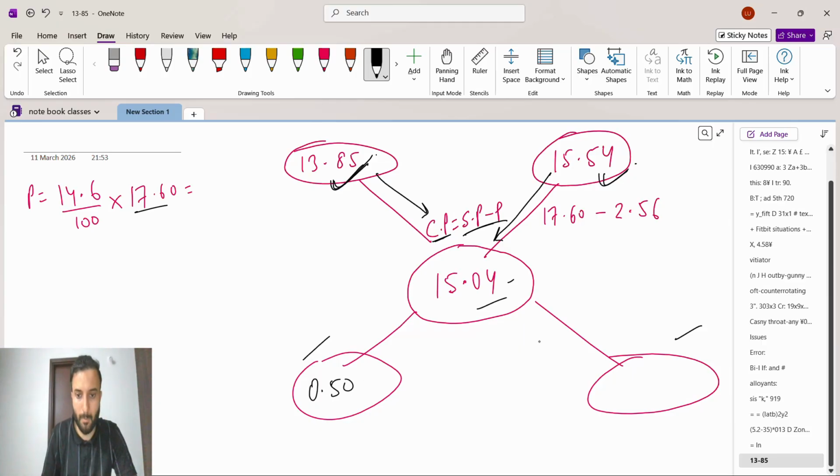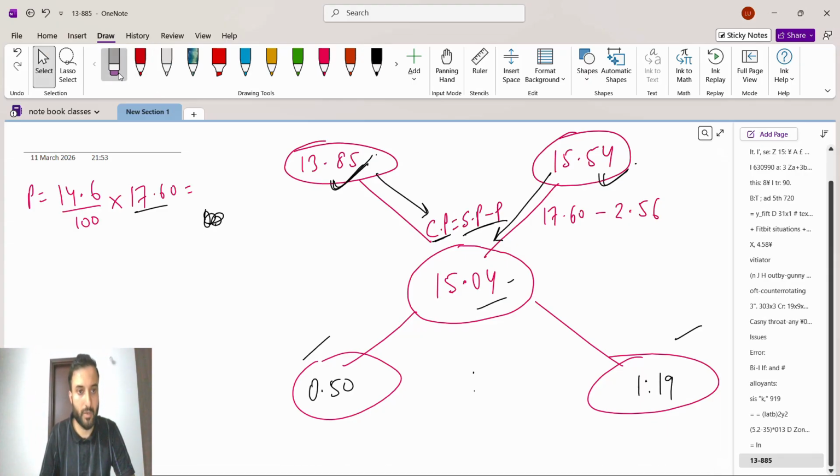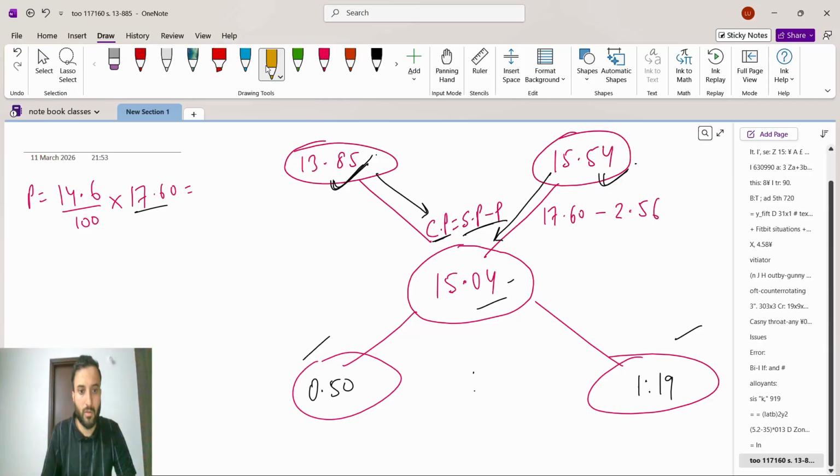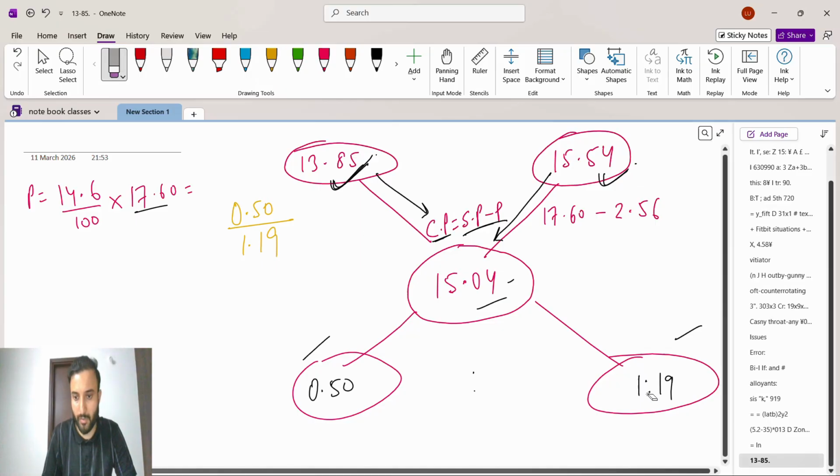And here it is 15.04 minus 13.85, 1.19. So we are getting 0.50 divided by 1.19.